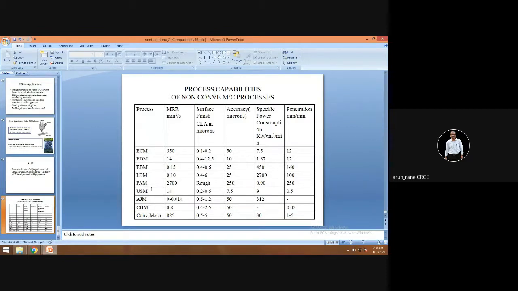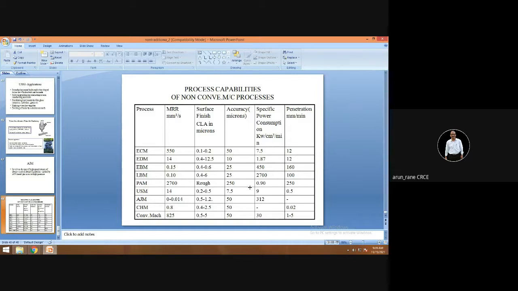So if you see, the MRR, that is material removal rate, is higher in plasma arc machining, isn't it? That I also told while we studied plasma arc machining. It is in the range of 2700 millimeter cube per second, and you have to understand that the moment the material removal rate is more, the surface finish will be compromised.